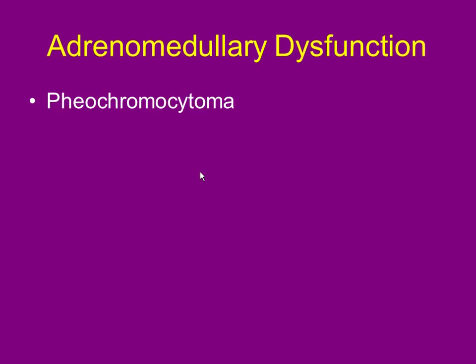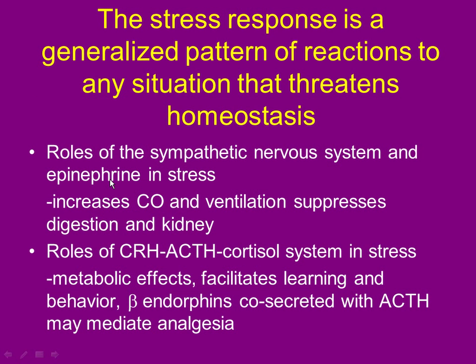So pheochromocytoma is a tumor of those chromaffin cells. And remember, the chromaffin cells are the ones that are storing the adrenaline. So if there's a tumor in it, they overactivate, they over-release. How are these people going to feel? They're going to be wired all the time, right? It's like that movie Crank. So constantly going.